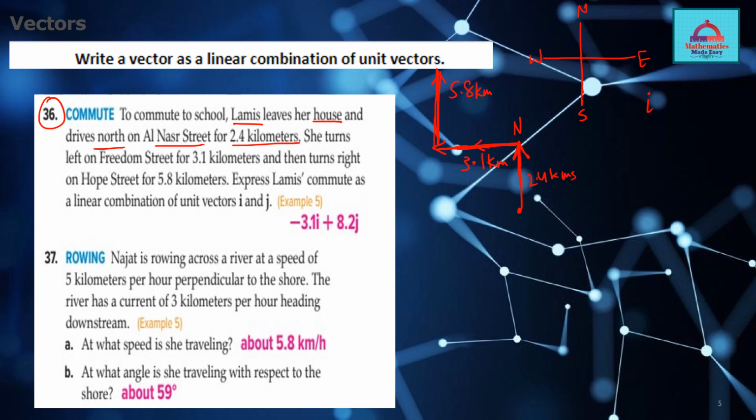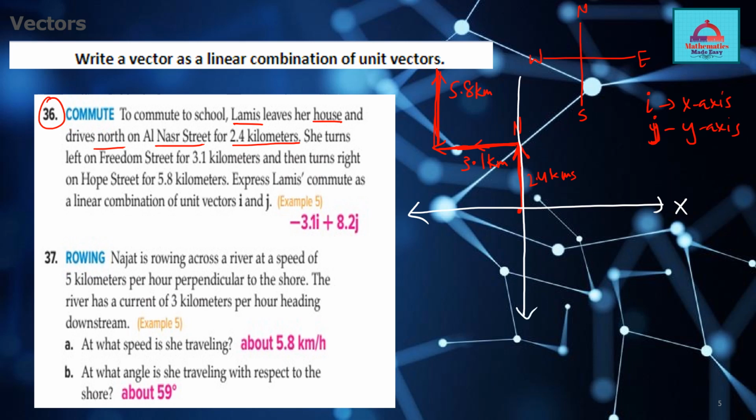So you have to express Lamis's commute as a linear combination of vectors i and j. I hope you know i is the unit vector along the x-axis, j is the unit vector along the y-axis. So if you look carefully, this is the point from where we begin. This is the x-axis, this is the y-axis.